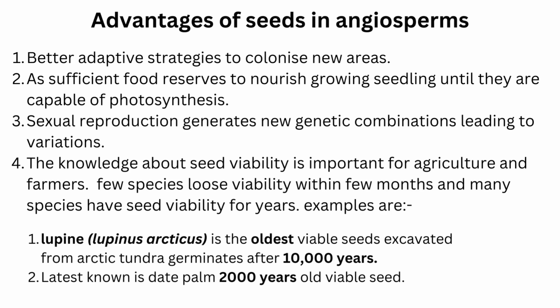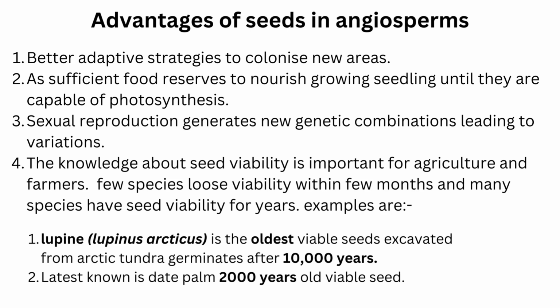Few species lose viability within a few months and many species have seed viability for years. Examples are lupine, Lupinus arcticus, the oldest viable seeds excavated from the Arctic tundra, germinated after 10,000 years. The second example is the date palm, a 2000 years old viable seed.